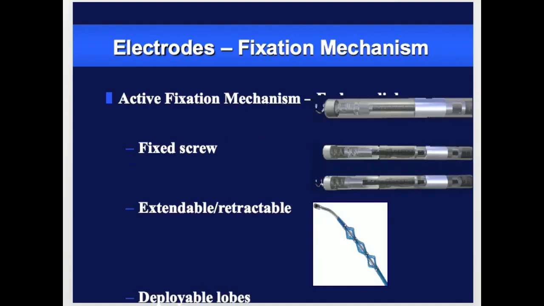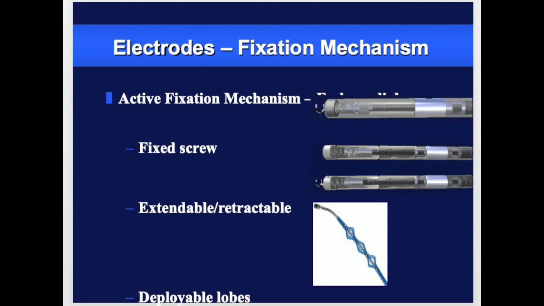Active fixation mechanism. Active fixation means that part of the lead actually embeds in the heart tissue for fixation. Via screw and helix electrode, which is extendable, retractable, and fixed screw mechanism are the most common active fixation methods. Fixed screw leads provide excellent stability.